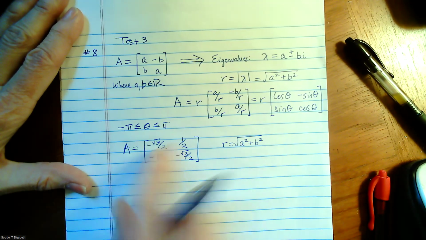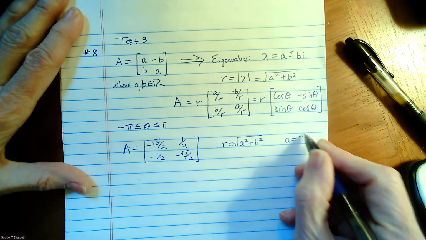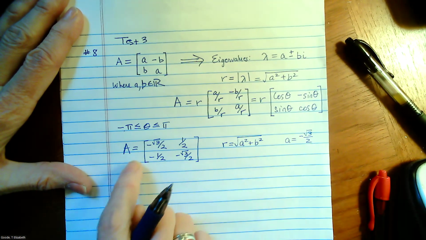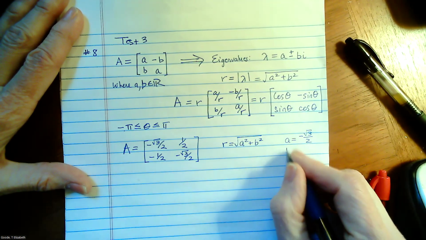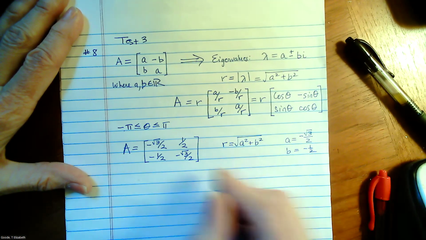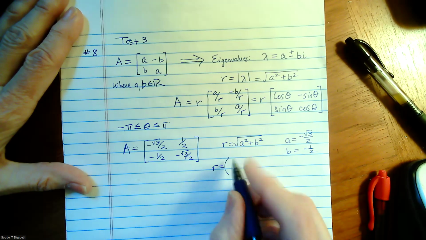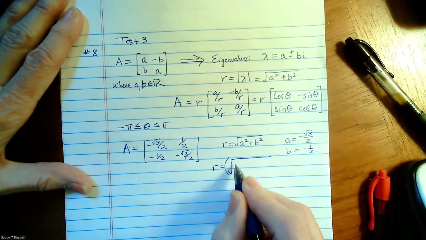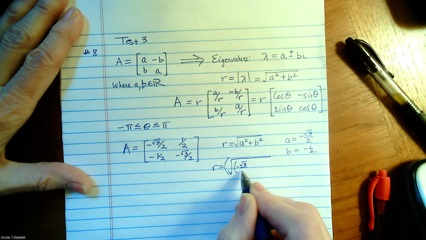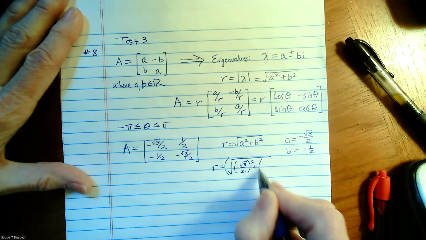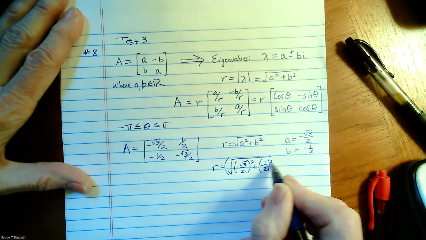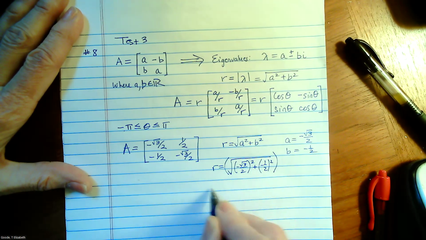Well, what's A? A is negative square root of 3 over 2. B is negative 1/2. So R is the square root of negative square root of 3 over 2, squared, plus negative 1/2 squared. Of course, these are going to become positive once we square them.